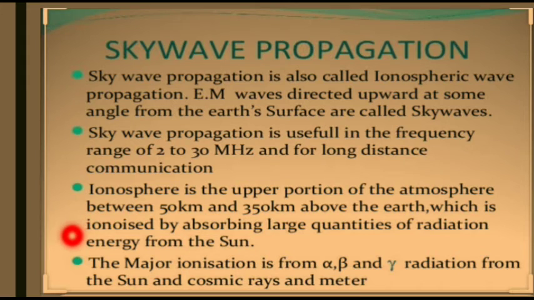The last one is that the major ionization is from alpha, beta, gamma radiation from the sun and cosmic rays. This is about skywave propagation. The signals are transmitted to the ionosphere medium and reflected by the ionosphere medium and then finally received by the receiver. This type of communication is skywave propagation, right?